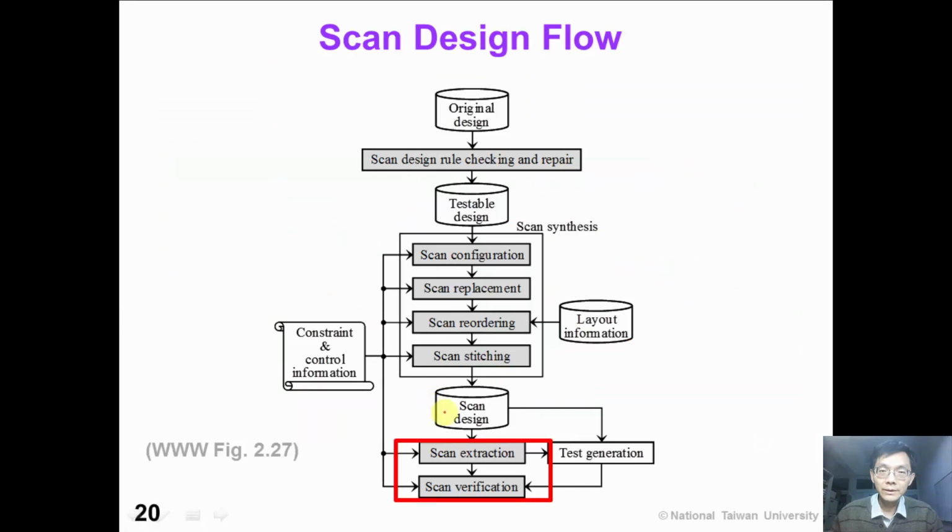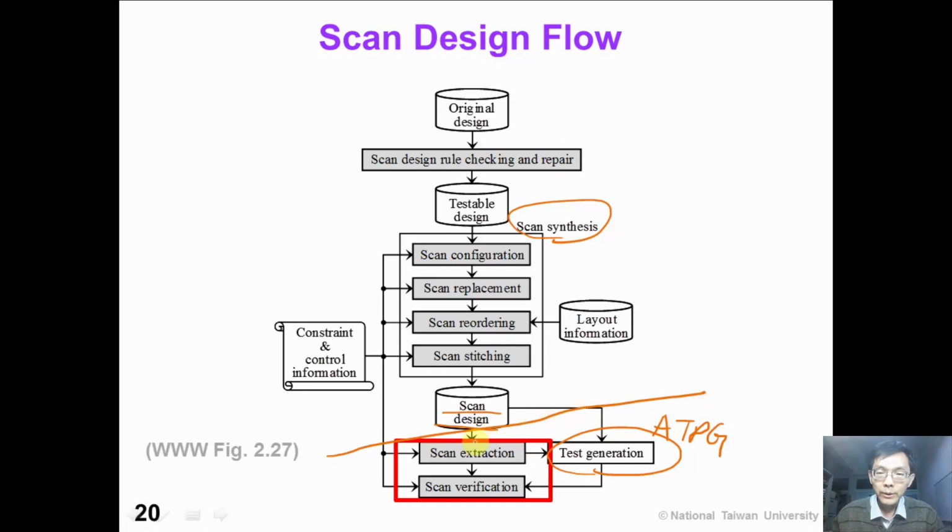After scan synthesis, now we have a scan design that is ready for test generation, ATPG. You might think that our job is done, but actually it's not yet. Typically, the ATPG tool is a separate tool from scan synthesis.